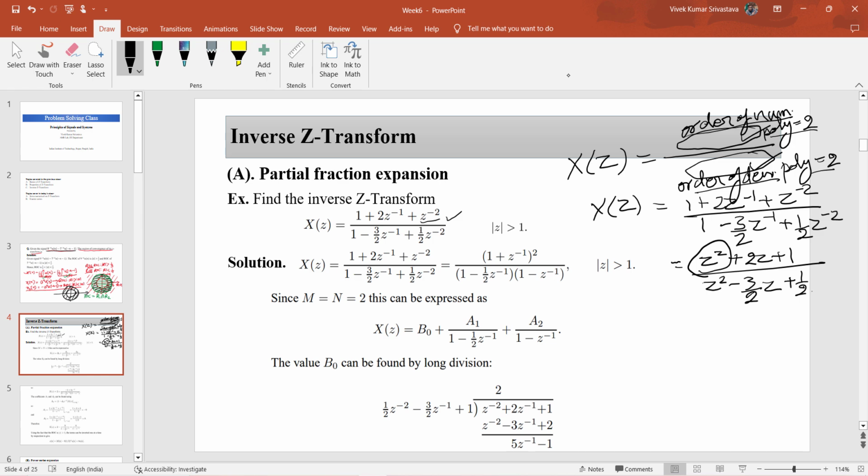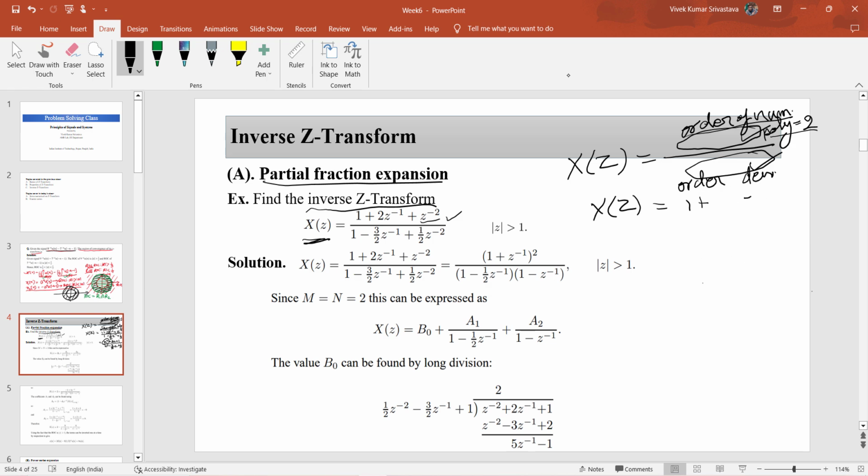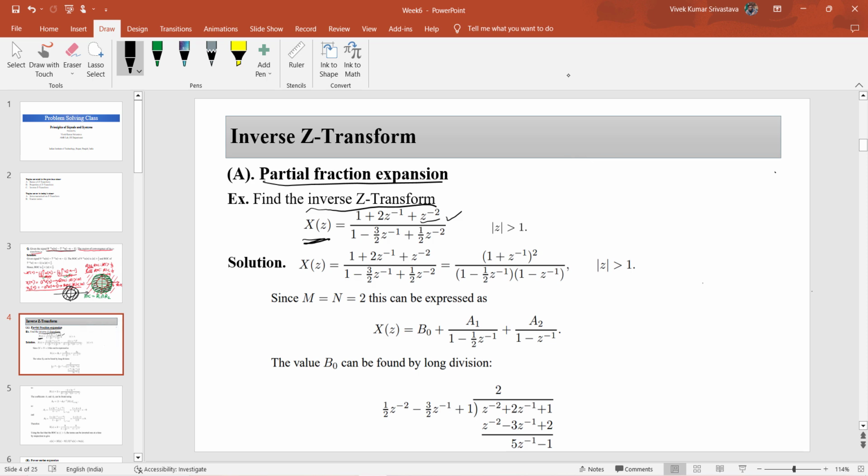For determining the inverse z transform using the partial fraction expansion method, we have to first check whether the function that is given to us, that is the transfer function, is a proper rational function or not.